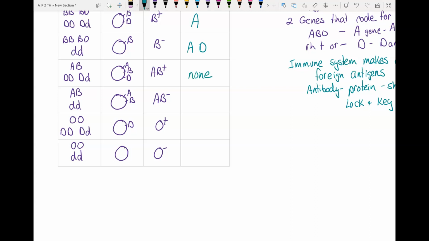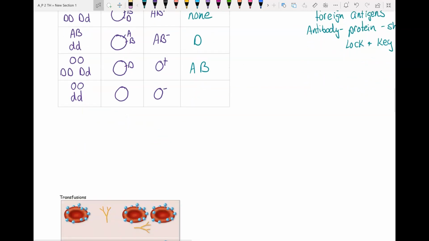AB positive people do not have any of these antibodies. AB negative has D antibodies. O positive has A and B antibodies. O negative, because they don't have any antigens, all three of them are foreign. So they would have all three antibodies.